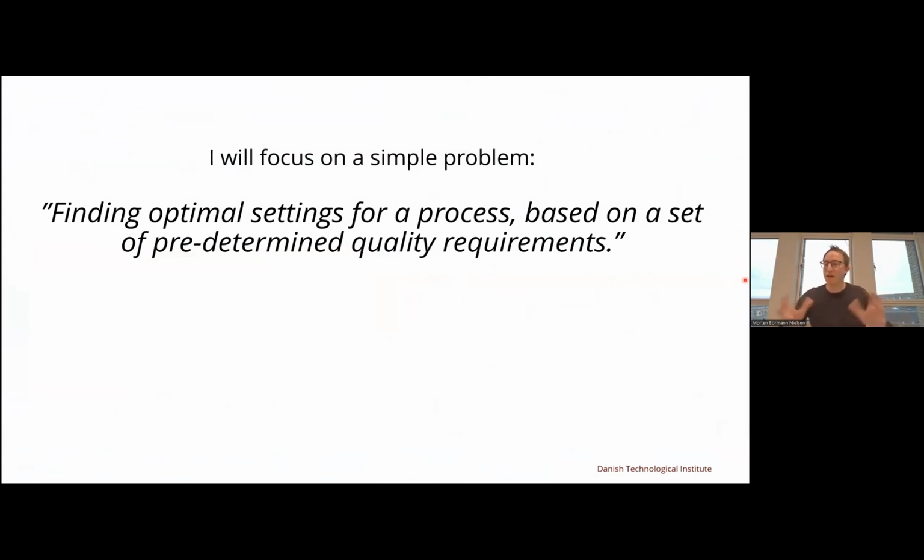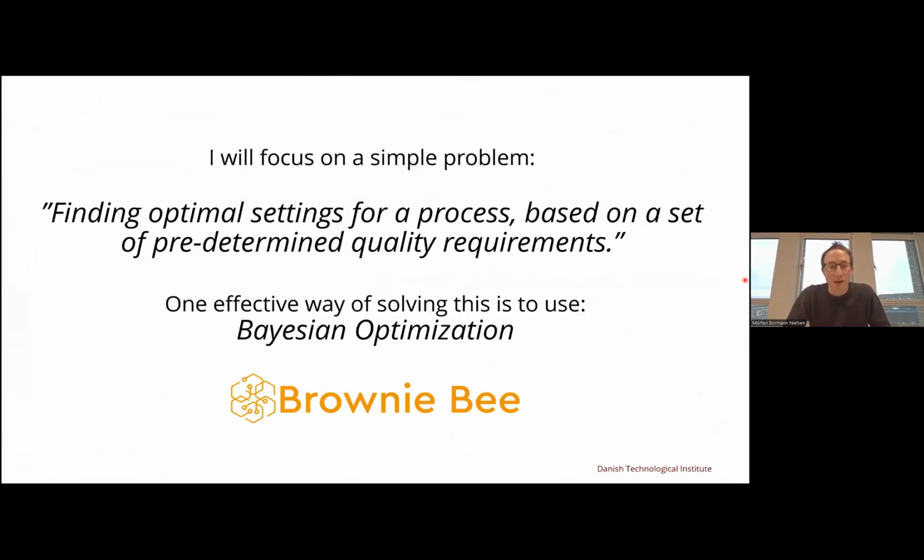So this is the optimization that Arthur already spoke about. There are many ways of solving that problem, but one effective way, and what we're focusing on today, is Bayesian optimization. And Bayesian optimization is just a mathematical technology that lives inside this software tool I'll be talking about, called Brownie B.